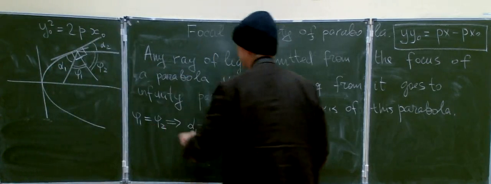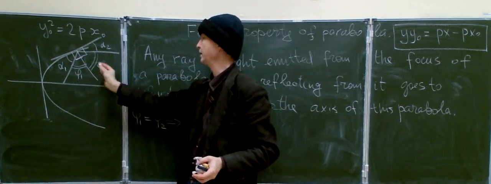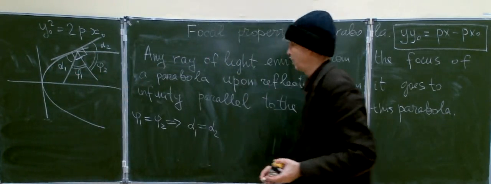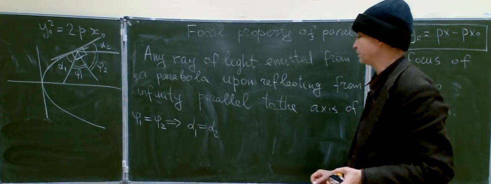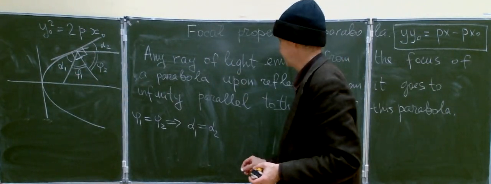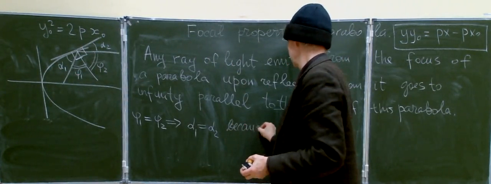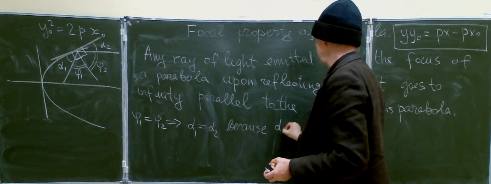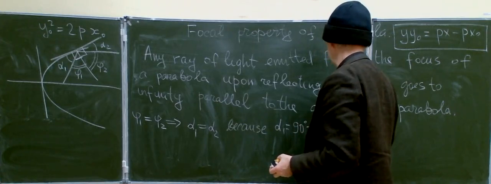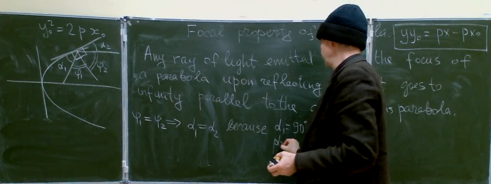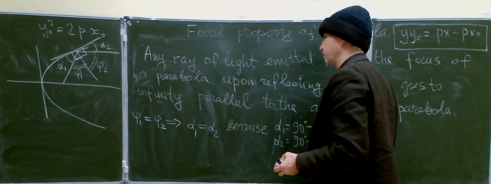From the equality of the angles phi 1 and phi 2, we conclude that the complementary angles alpha 1 and alpha 2 are also equal to each other. Because alpha 1 is 90 degrees minus phi 1 and alpha 2 is equal to 90 degrees minus phi 2.